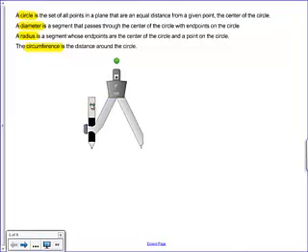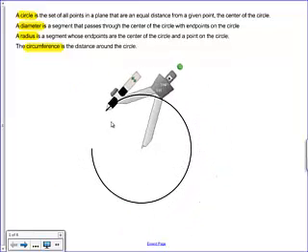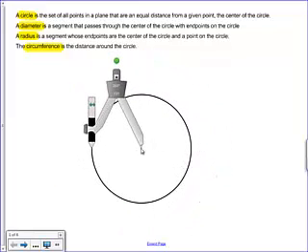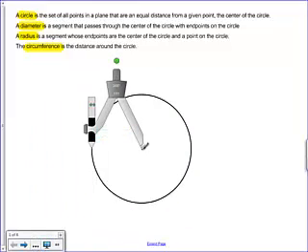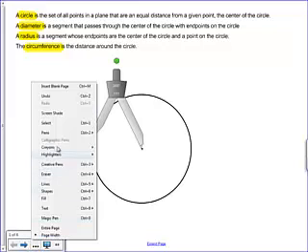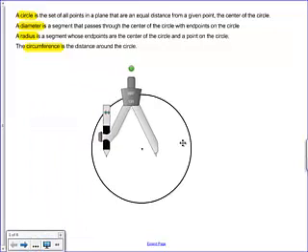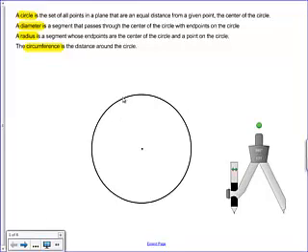If we take our compass here and we draw a circle, and we assume that right here is the center of the circle, all the points around this circle are an equal distance from the center of the circle, the given point. So that's why they call this a circle.